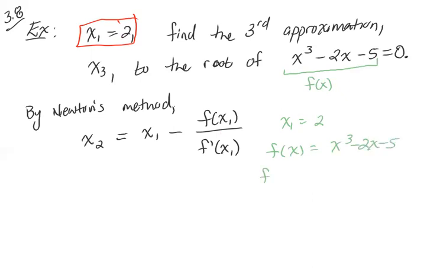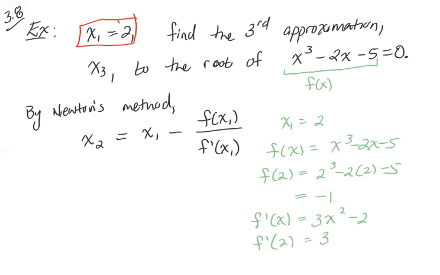Therefore, f of 2 is equal to 2 cubed minus 2 times 2 minus 5, which is equal to 8 minus 4 is 4 minus 5 is negative 1. F prime of x is equal to the derivative of f, which is 3x squared minus 2. Therefore, f prime of x1 is f prime of 2, which is equal to 3 times 2 squared minus 2, which is equal to 12 minus 2, which is 10.